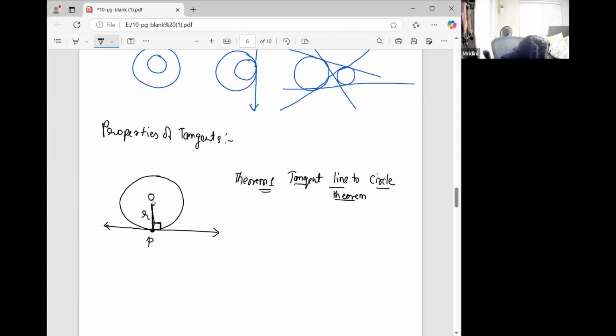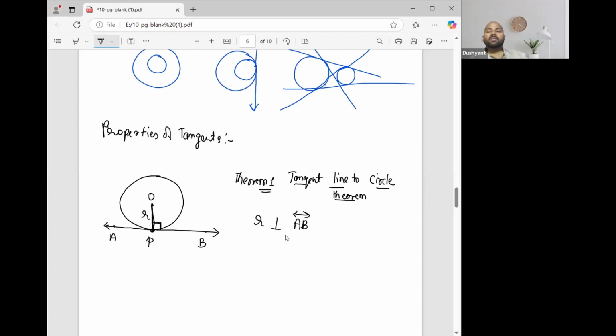So R, the radius, is perpendicular to AB, which is my tangent. If the line AB is perpendicular to the radius, then only we can say that AB is my tangent.